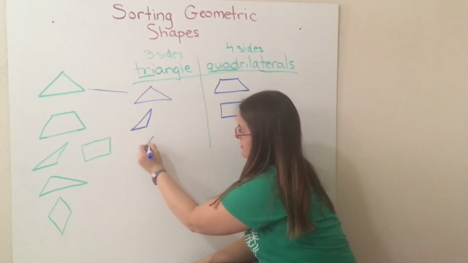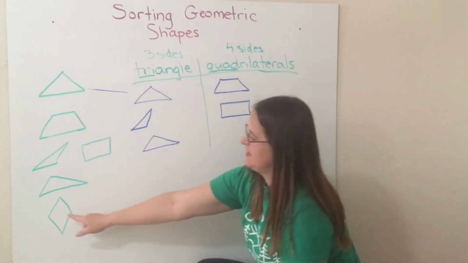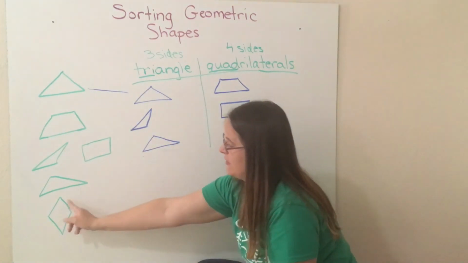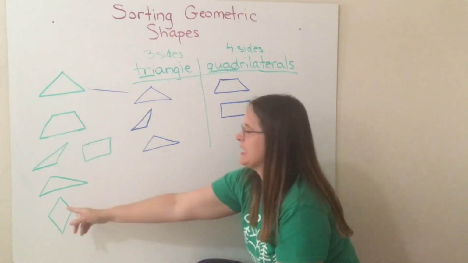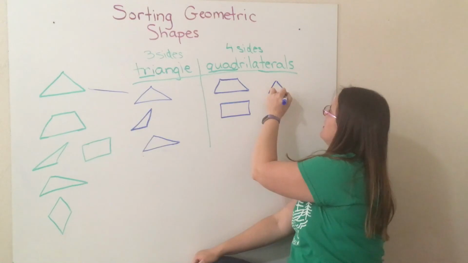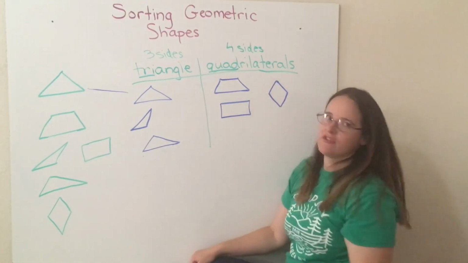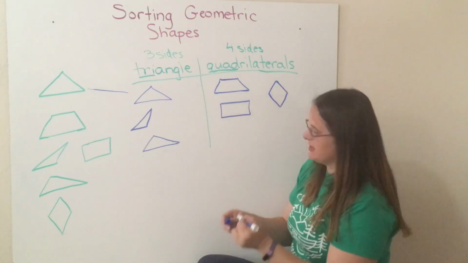Another triangle. And then here we have a diamond. We can count 1, 2, 3, 4 sides. Diamond, or sometimes we call this a kite. Make sure that's closed at the top or else it won't be a polygon.